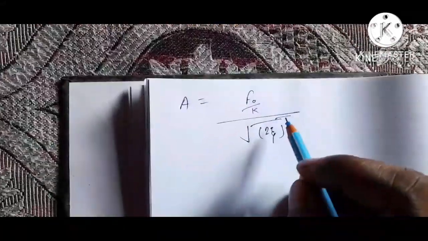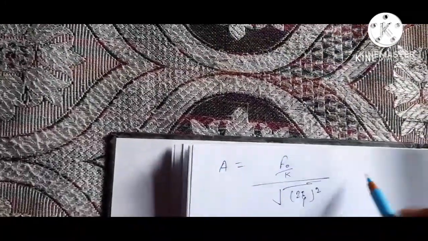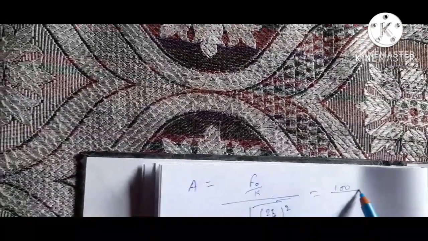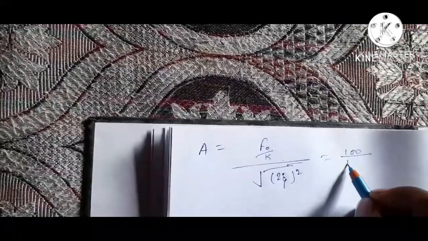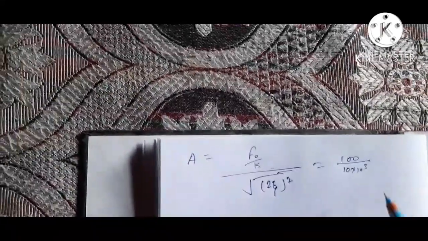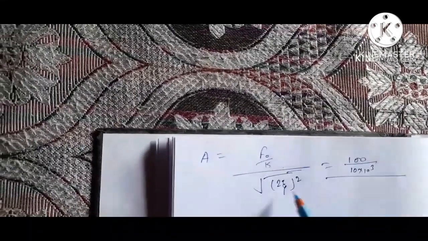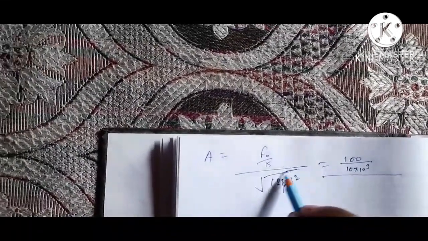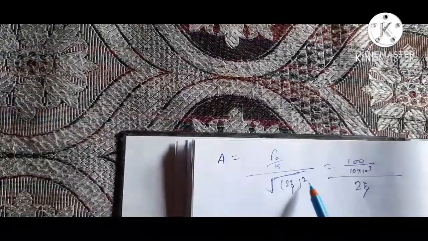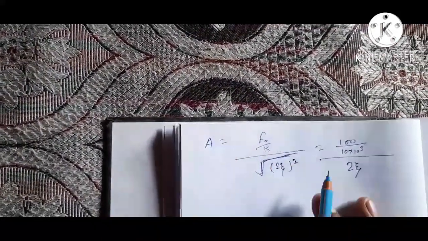So your formula is shortlisted here. F0 is given as 100, K is given as 10 multiplied by 10 to the power 3 Newton per meter, divided by 2 zeta, because the square and root will cancel out.